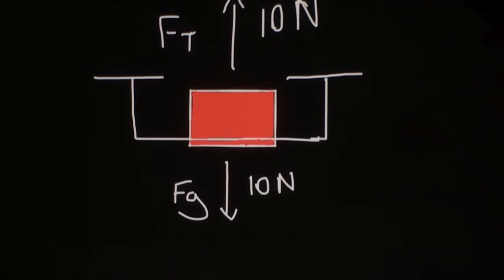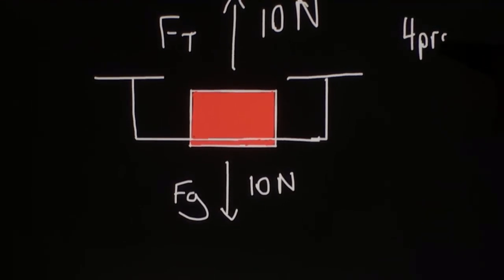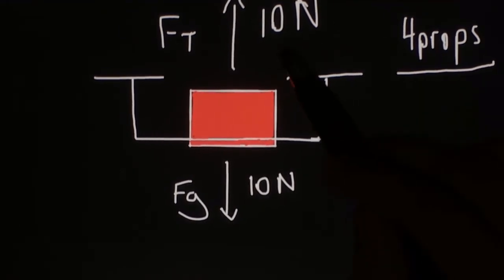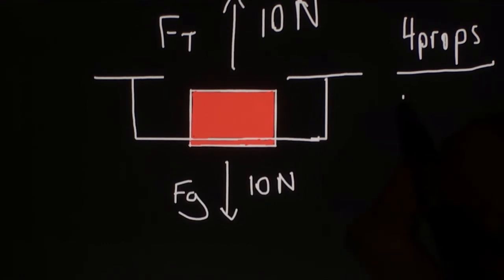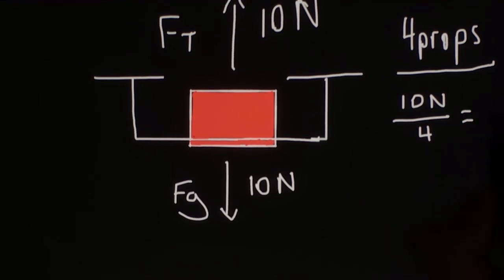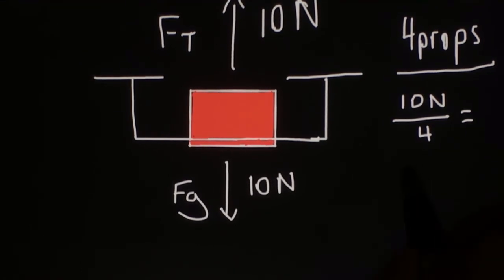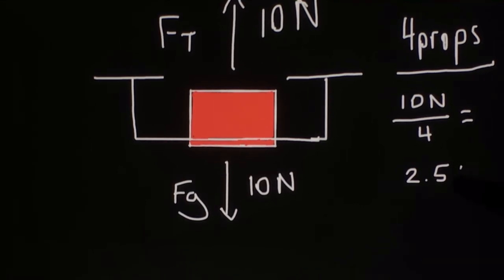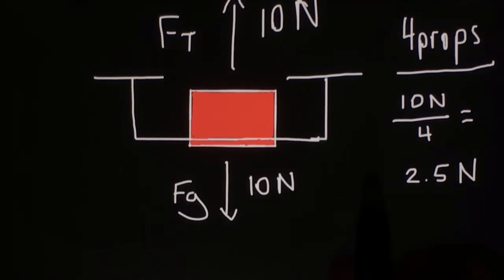So how many propellers does this drone have? It has 4 propellers. Since there are 4 propellers acting upon 10 newtons of force, each propeller has to produce 2.5 newtons of thrust.